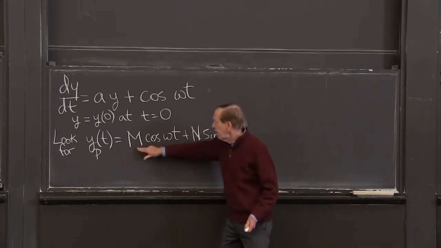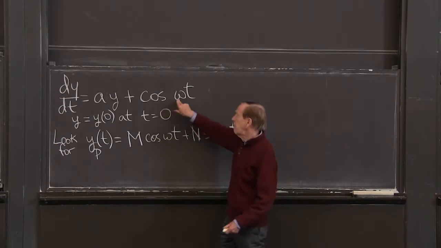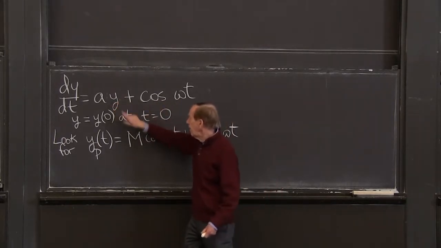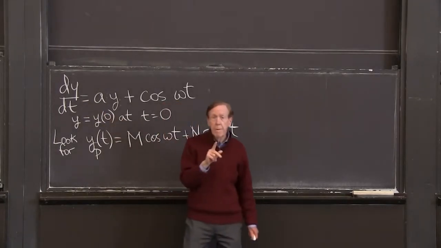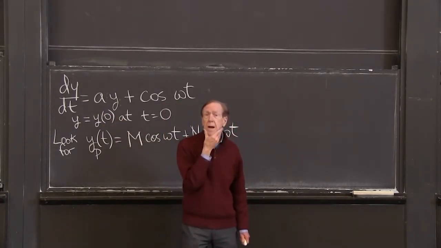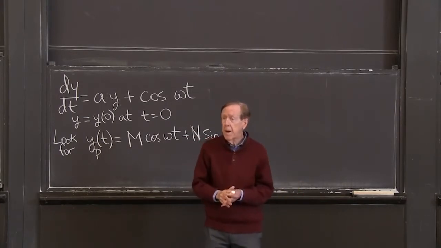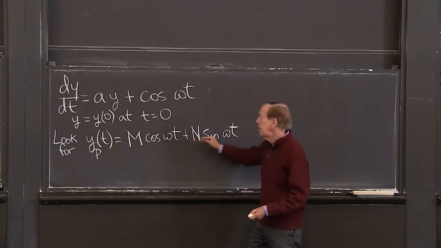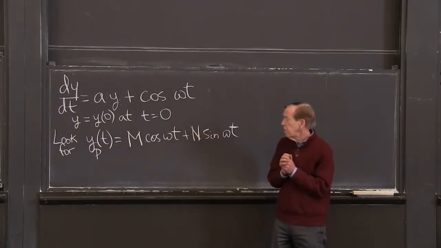Because if I tried only a times the cosine, I could match the cosine part. But the derivative of a cosine is a sine function. So sines are going to get in there, and we have to allow them into the solution. Okay, so that's the right thing to assume.